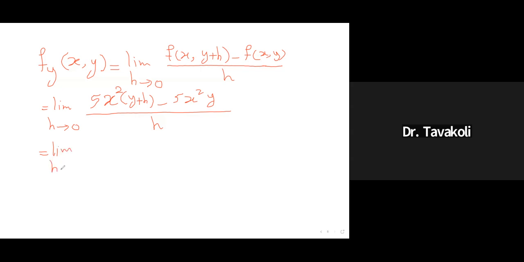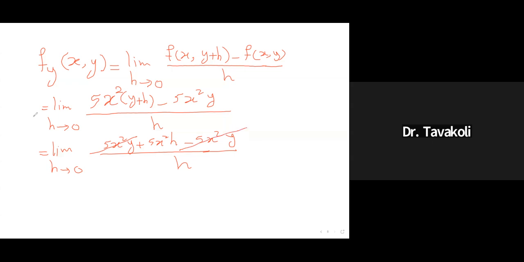So the limit as h tends to 0. On the top, 5x squared is distributed over the parentheses that contain y and h. So it's going to be 5x squared y plus 5x squared h. Then minus 5x squared y, over h. 5x squared y and minus 5x squared y, they cancel out.